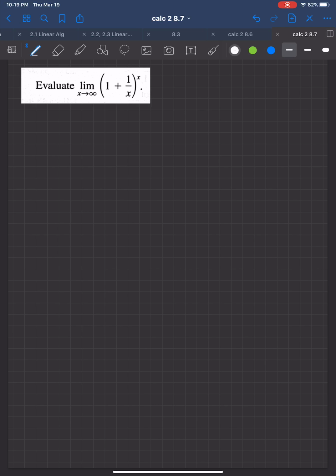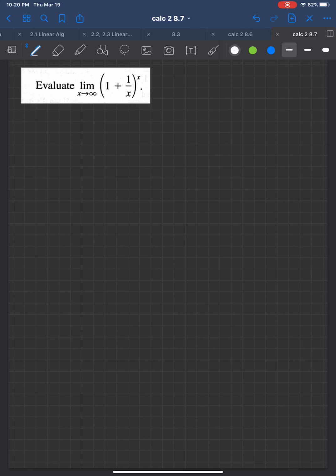So we're asked to evaluate the limit, x is approaching infinity, of 1 plus 1 over x to the power of x. All right, now, if we try direct substitution, I'm going to erase this.